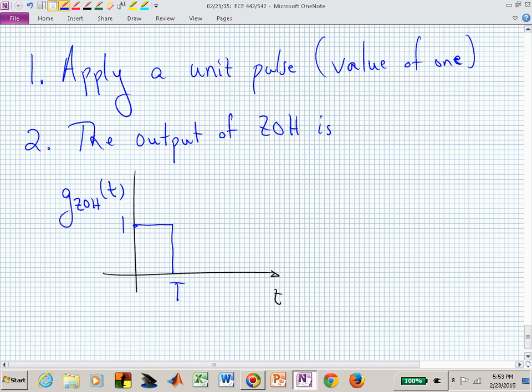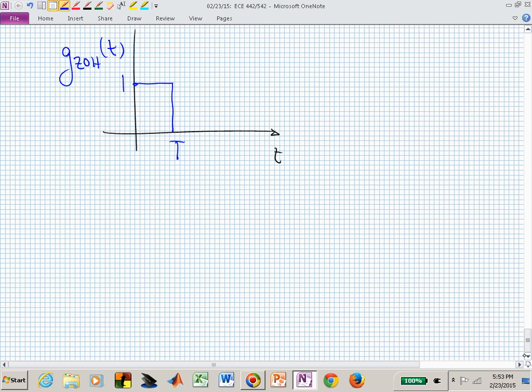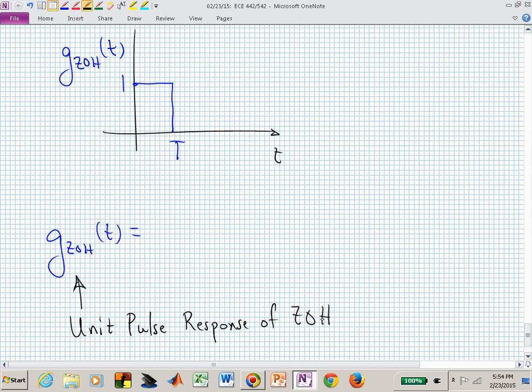What we now want to do is model that. If you modeled that with, let's say, elementary waveforms, I'm going to call this the unit pulse response of the zero-order hold. How would you model that out of an impulse response, a step response, a sinusoid, a ramp?